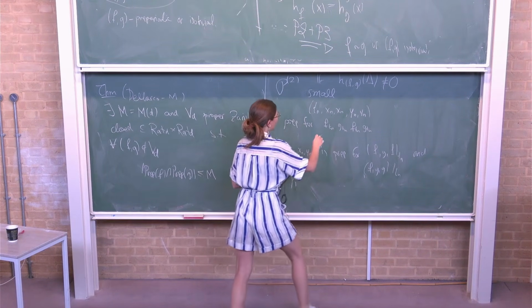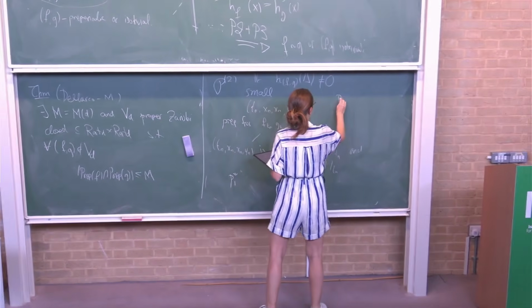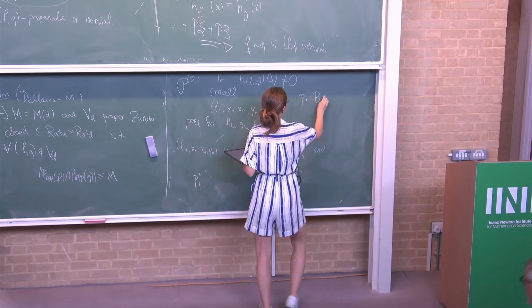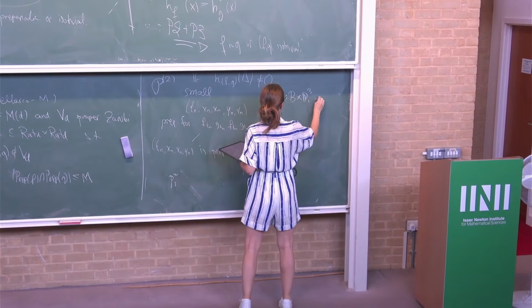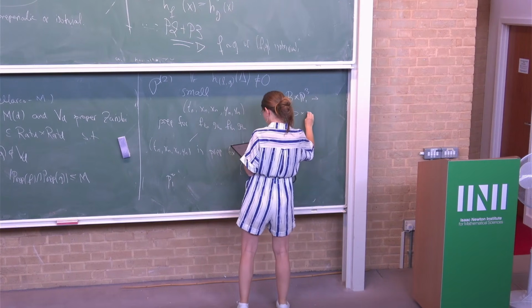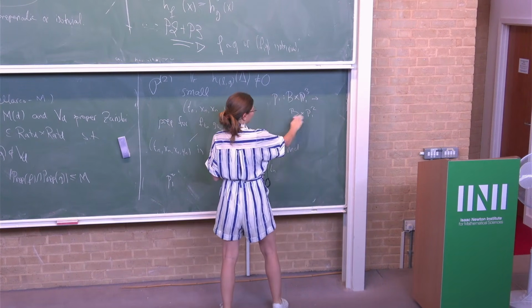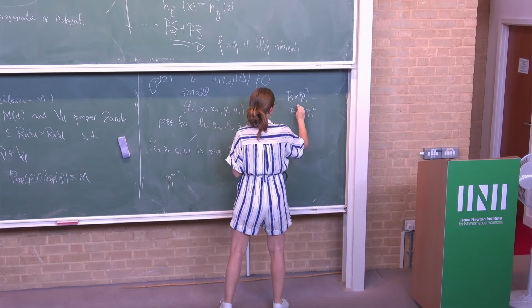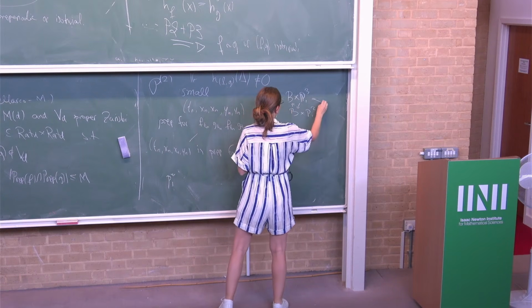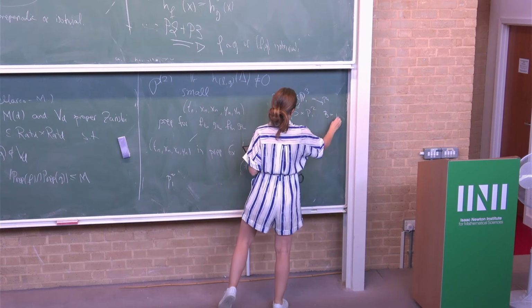I'll take two projections, P1 from B times P1 cubed to B times P1 squared, the first two coordinates, and P2, the last coordinate.